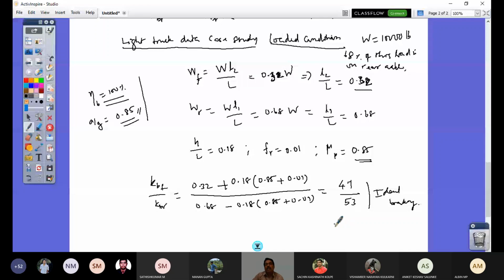Now wheel lock will happen at slightly more than this percentage. The front axle is 47. Instead, if I have more than 47, what would happen? Less than 47, what would happen? Can anyone answer?